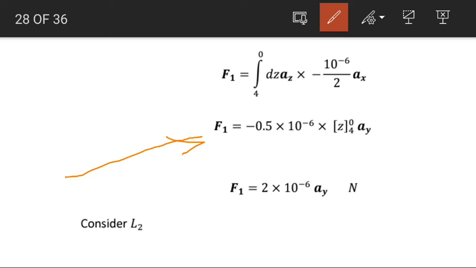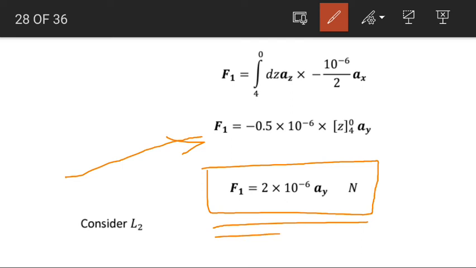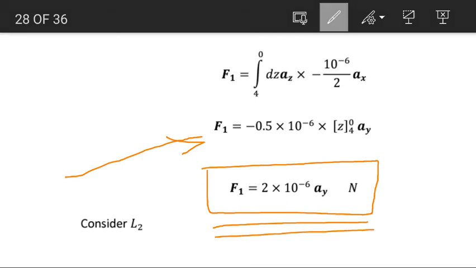So the force on side L1 is 2 into 10 raised to power minus 6 ay newton. This is the force on side L1.